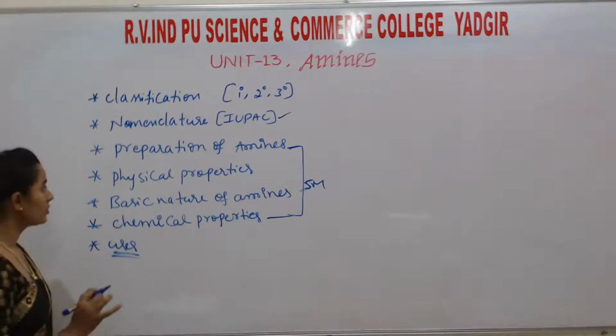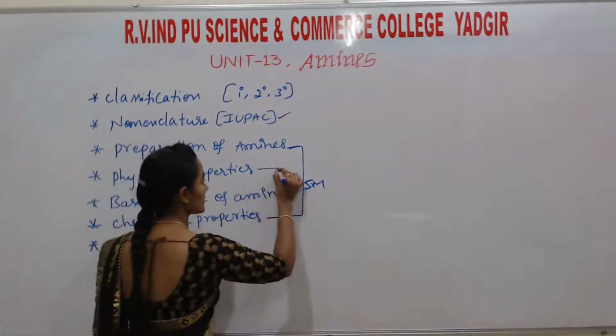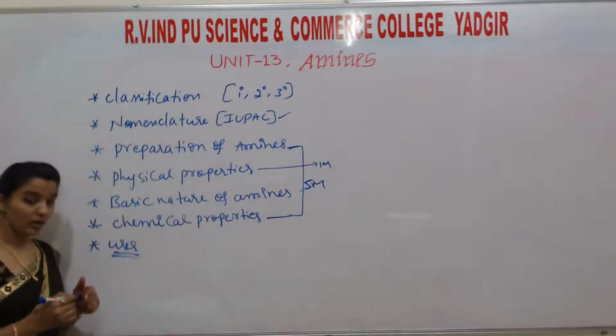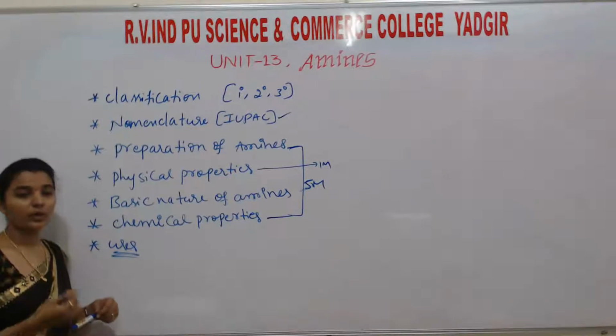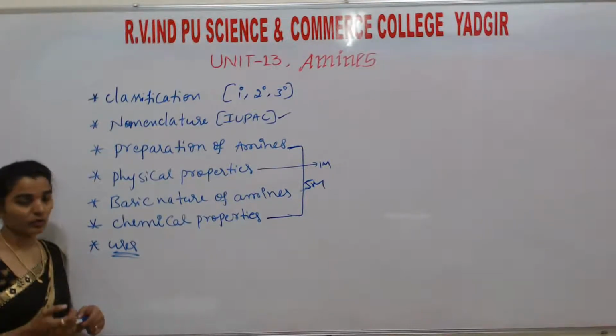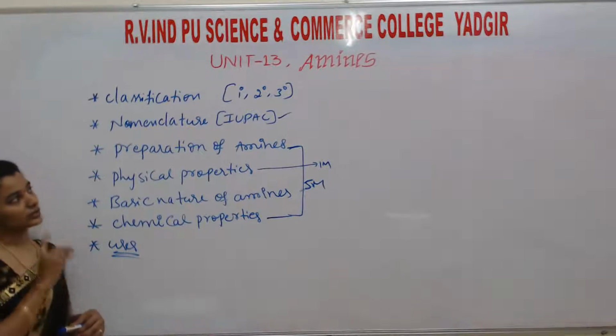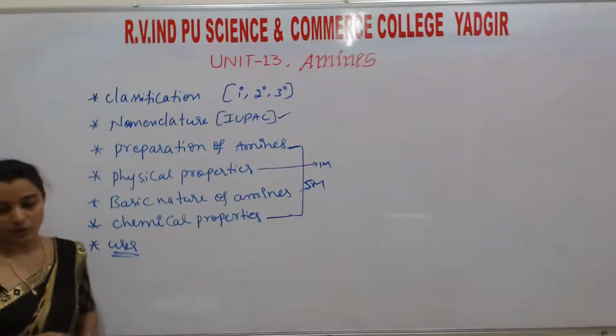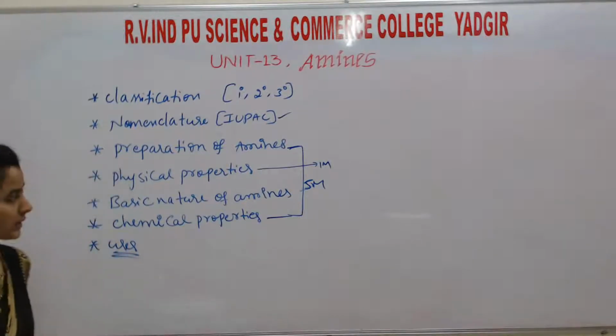Understand? There may also be a chance of a 1-mark question from physical properties, like what happens to the boiling point and melting point if the alkyl group is more. So this is all about the topics we are going to study in this amine chapter. We will discuss one by one.